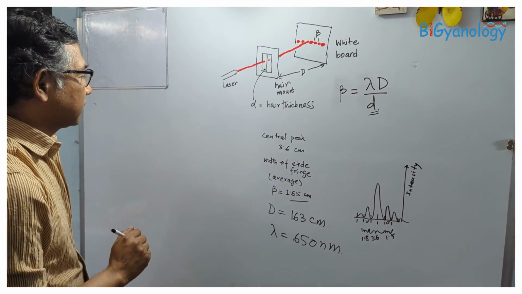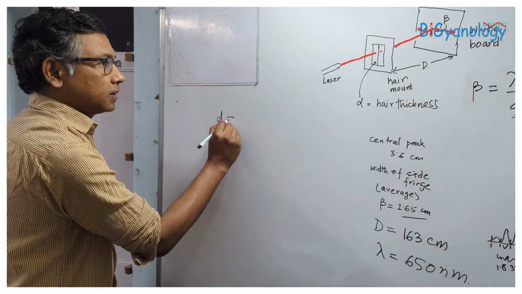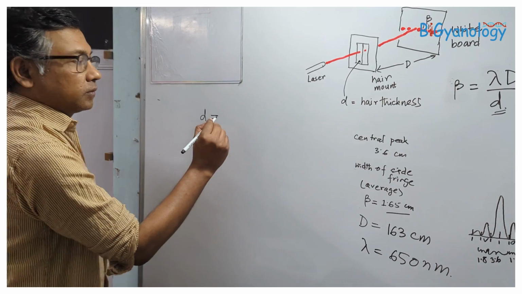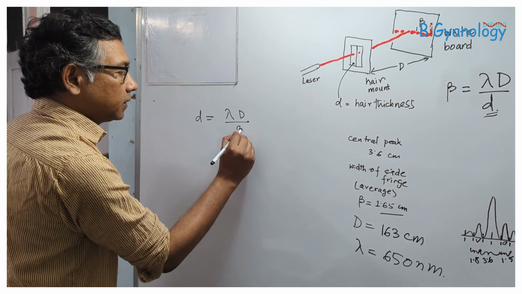Let us see what it comes out to be. So small d is equal to lambda into capital D divided by beta.